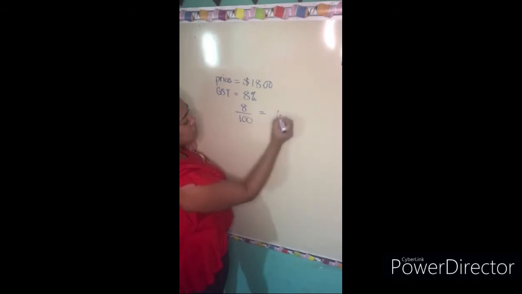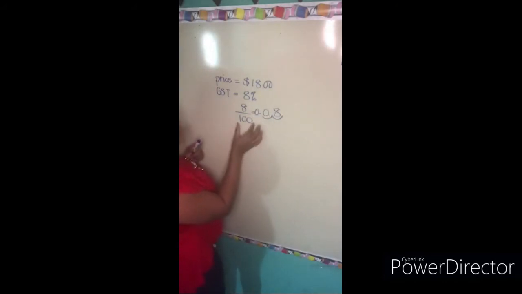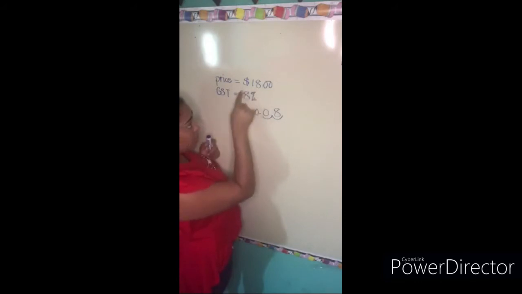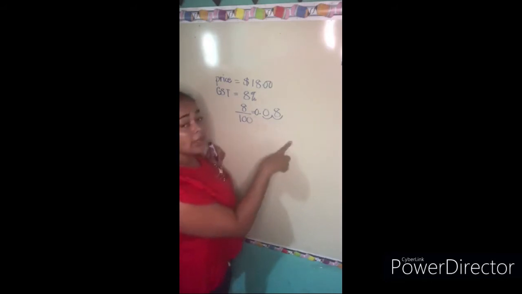We have 2 zeros, right? So we're going to go to the left 2 times. 1, 2. Alright? So we could put our 0 at the front. So these are the same thing. 8% is the same as 8 over 100, and it's also the same as 0.08.